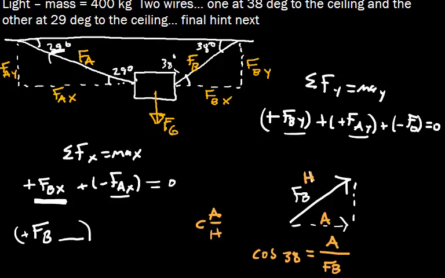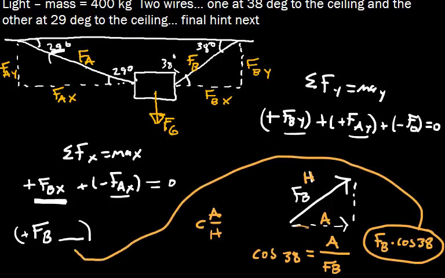So the adjacent side is FB times cosine of 38. And that is what we're going to want in here, FB times cosine 38, and that will take care of FB. So we're going to need to do the same thing with FAX over here.